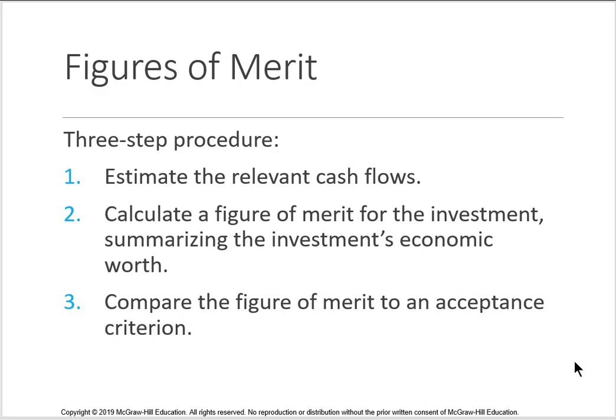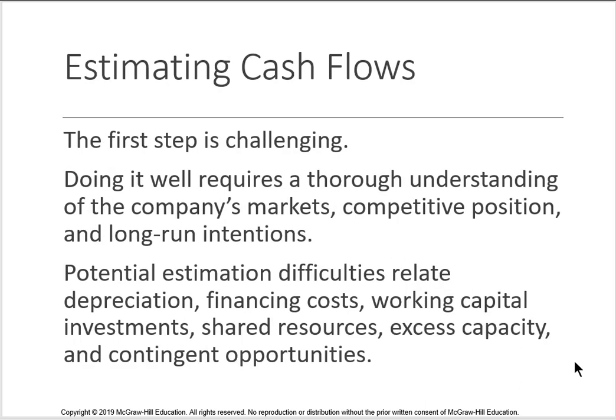So we have to have some techniques that will help us calculate this. Sometimes we'll be looking at dollars, and sometimes just base numbers. Sometimes we'll be looking at percentages. And in the end, we need to compare that merit number, that value, that technique answer, if you will, to some form of criterion.